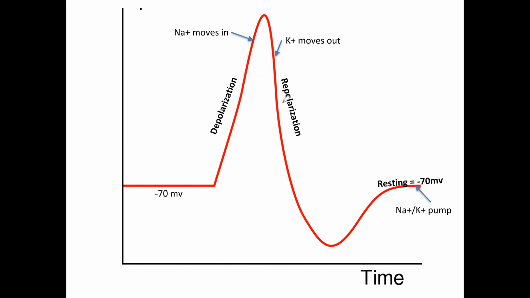Now, if sodium moves in, you need to pump it back out. If potassium moves out, you need to bring it back in to return to your resting state. For this, you have a special protein called the sodium-potassium pump.